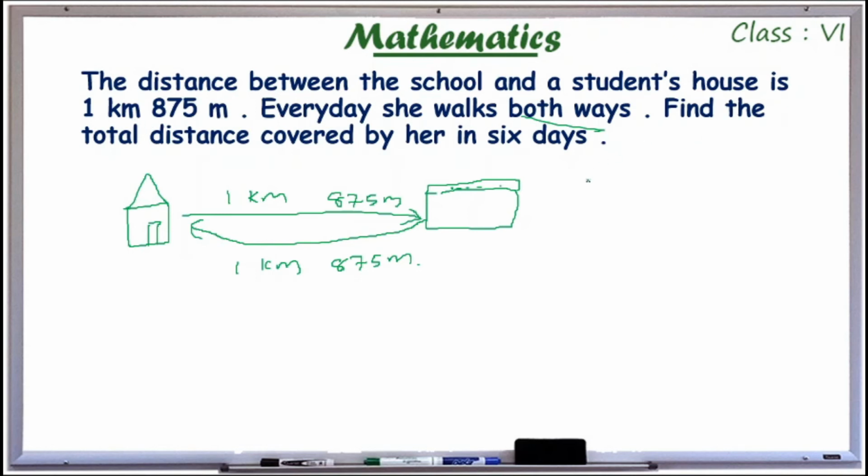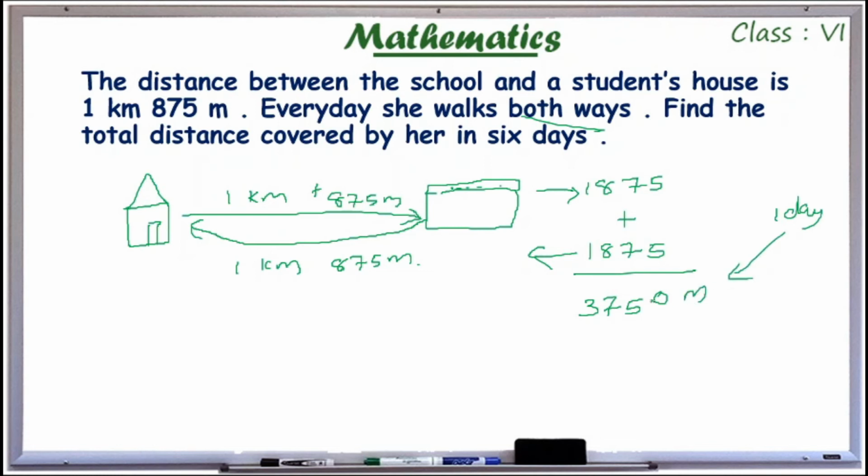So 1 kilometer can be converted into 1000 meter. So 1000 plus 875 is equal to 1875, plus 1875. She has to walk from home to school and school to home. So the total length we get for one day, she has to walk this much, 3750. And she is walking 6 days.